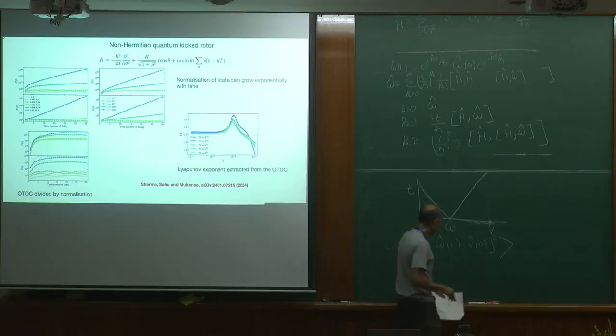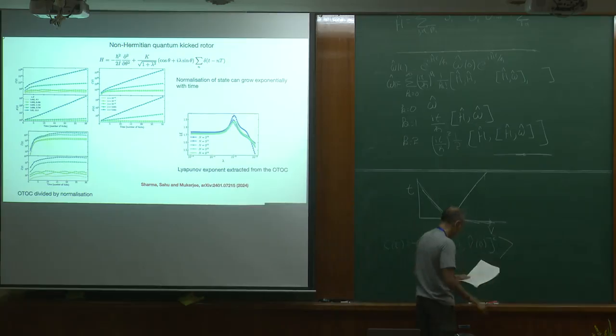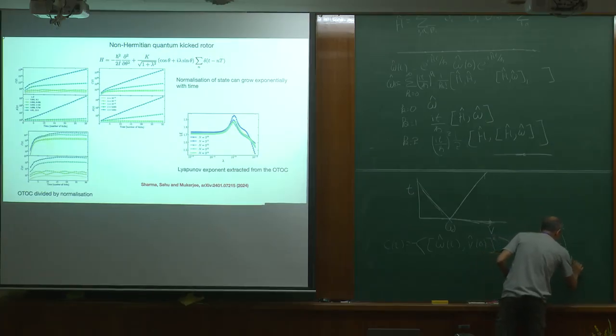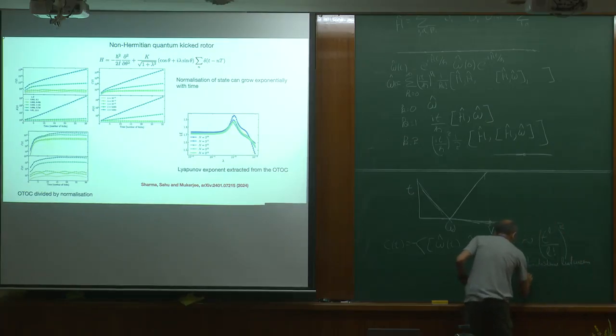And this object, just from this kind of argument, you can show is actually going to go as t to the L by L factorial, squared. Here L is the distance between W hat 0 and V hat 0.